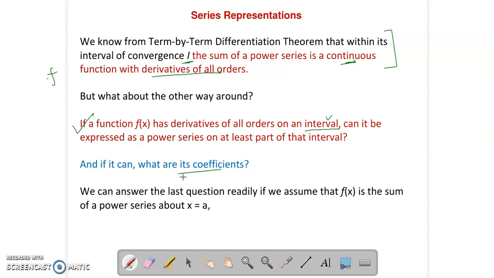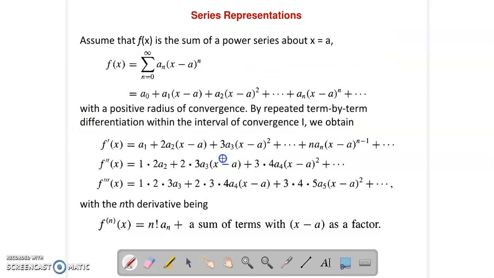So we are making an assumption here that f(x) is the sum of a power series about a point x = a, and that x = a is a point inside the interval of convergence.